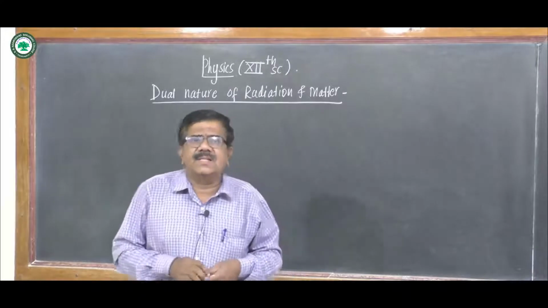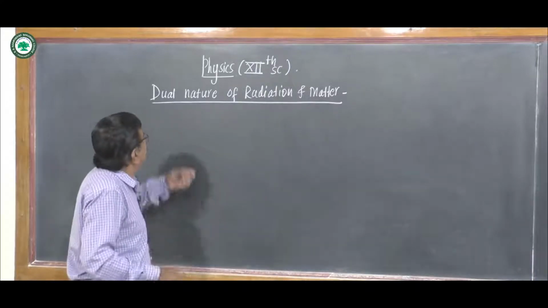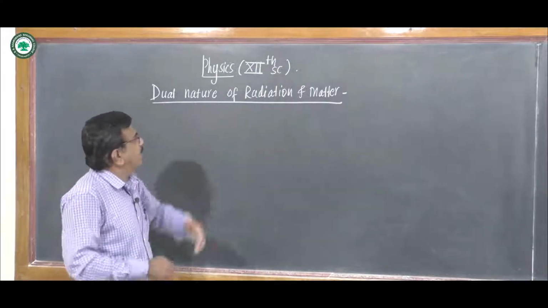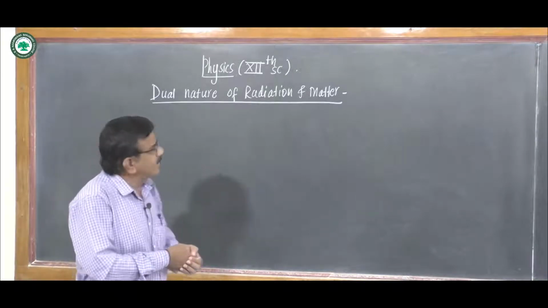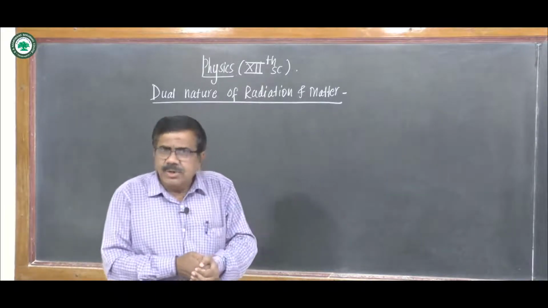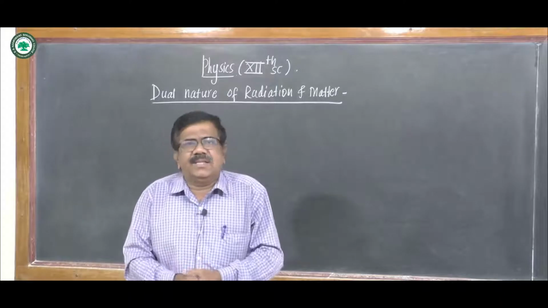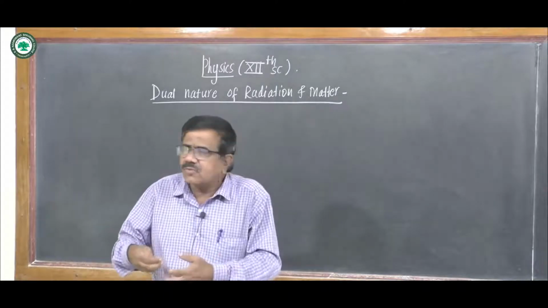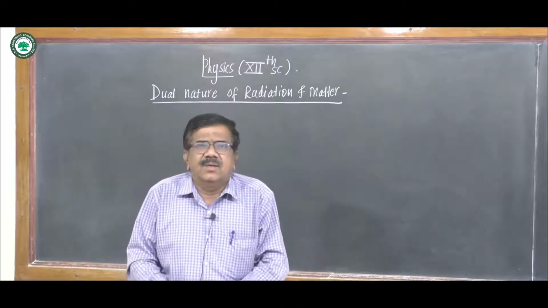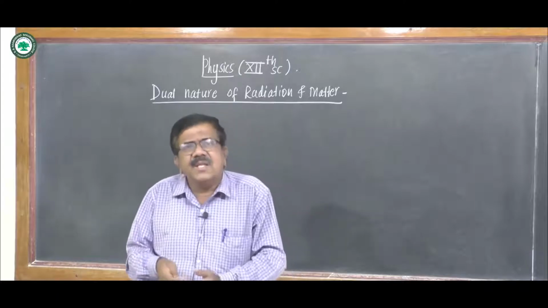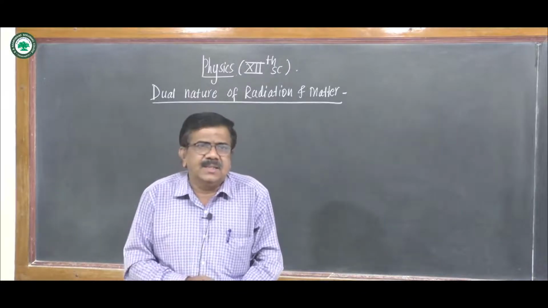In the last two lectures we have studied the dual nature of radiation and matter from 12th science. We know the photoelectric effect: the emission of electrons from a metal surface when radiation of suitable frequency is incident on it.